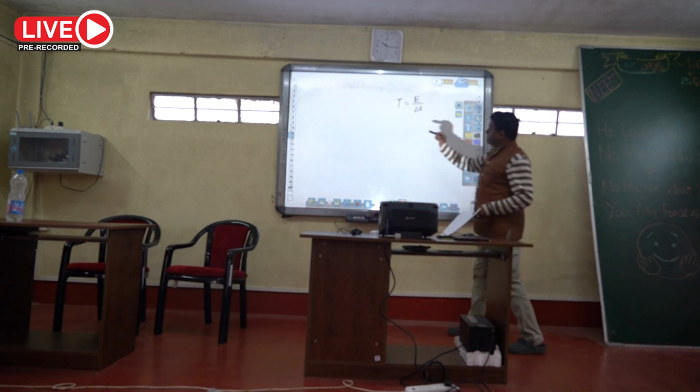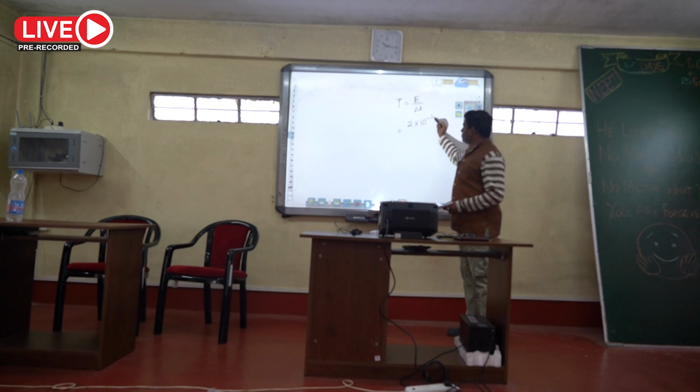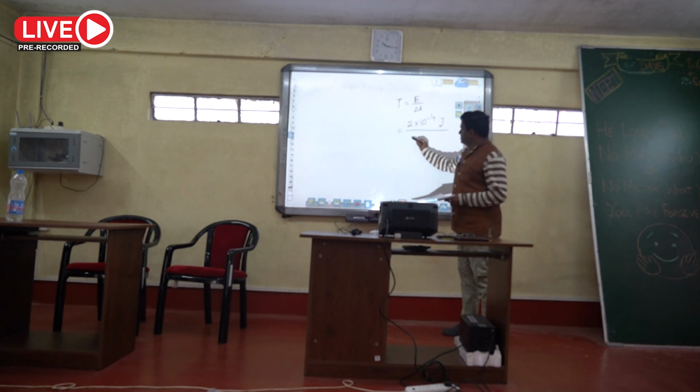This one is already given, E, that is the work done, that is the surface energy, 2 into 10 to the power minus 4 joule. Then this area will be 10 into 6 minus 8 into 3.75.